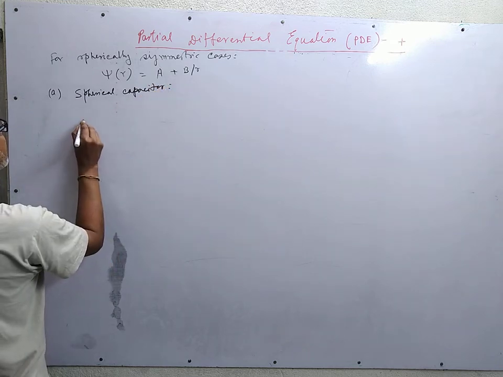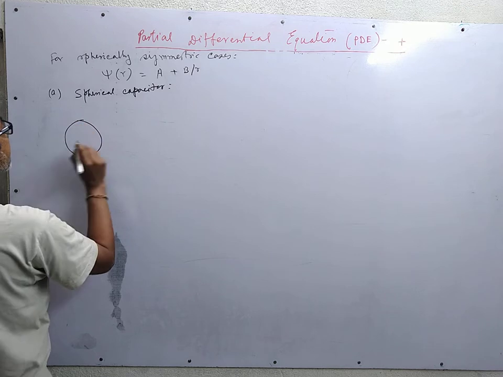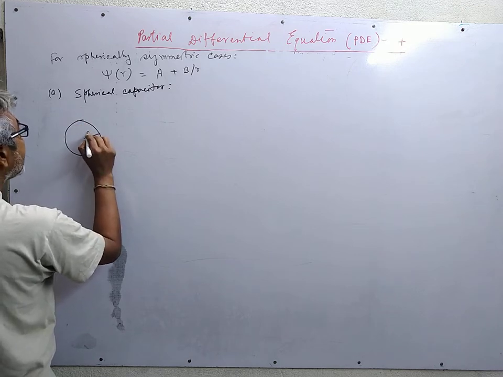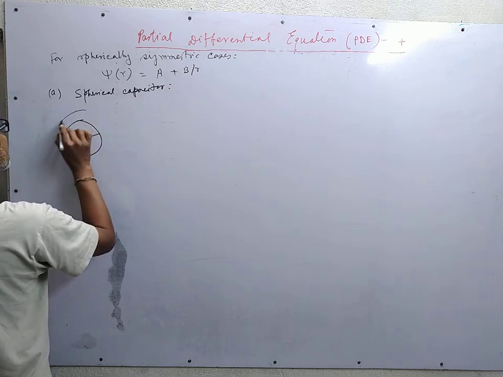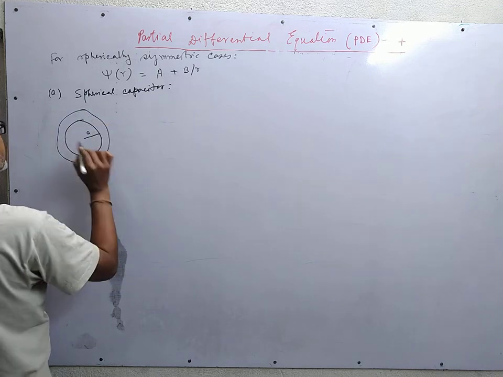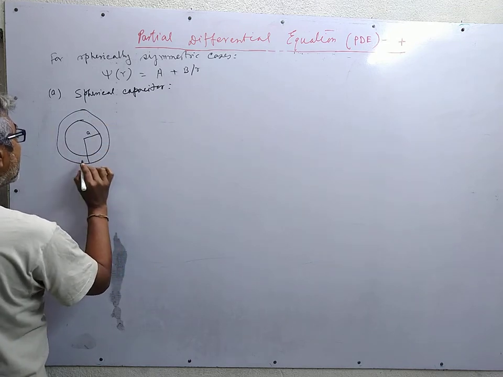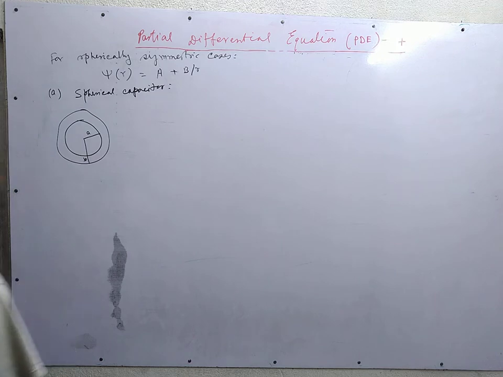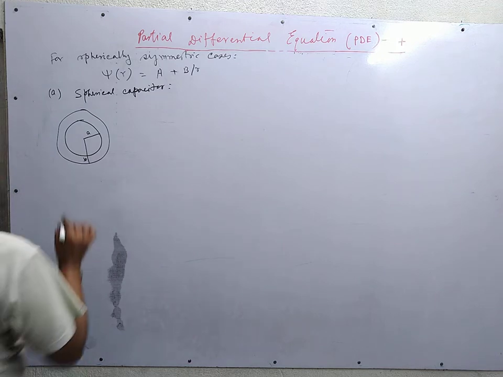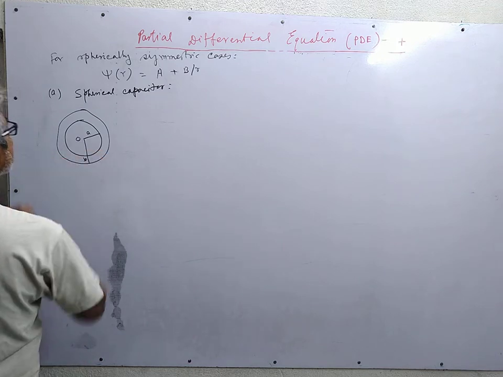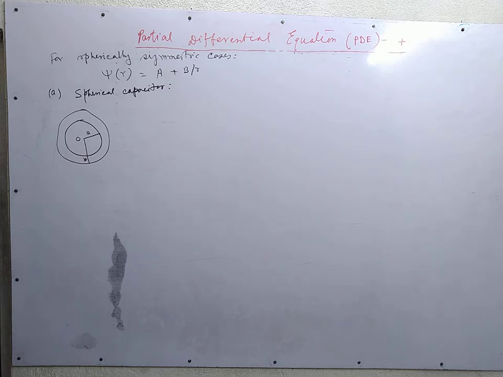It comprises two concentric spheres. The inner one has a radius a and the outer one has a radius b. We choose the coordinate system with its origin at the common center, and solve Laplace's equation.